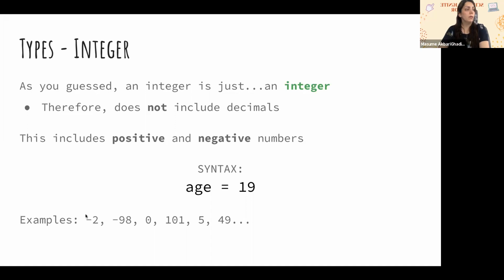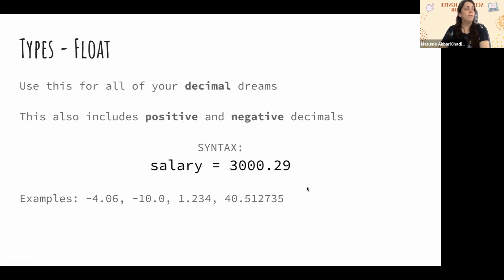Here we have some examples of integers like -2, -98. 0 is also an integer, and we have positive numbers as well. If they're not a whole number, they have decimal points, like after the decimal point we have some values. It would be a float. And these float numbers could also be negative or positive.